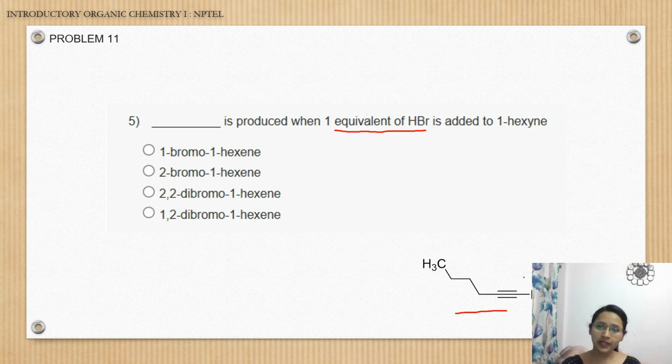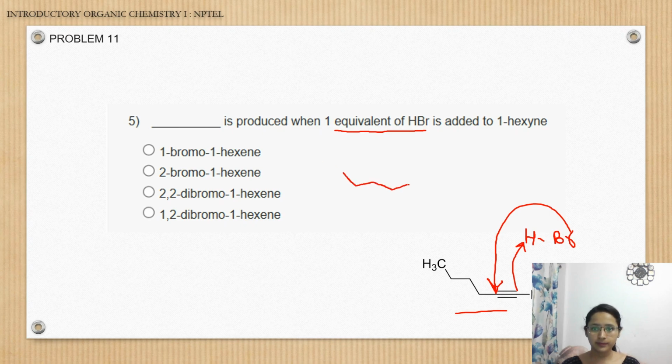So here, if you are adding HBr, taking in mind a similar mechanism, now this hydrogen will be taken up by this terminal carbon. Positive charge gets created at this position. Br will then attack on this positive charge. What you will get will be this hydrogen, this will be Br.